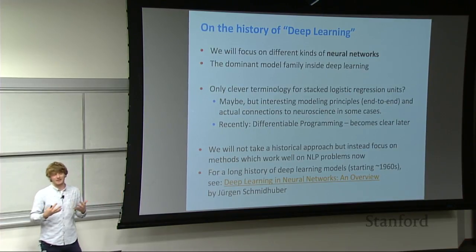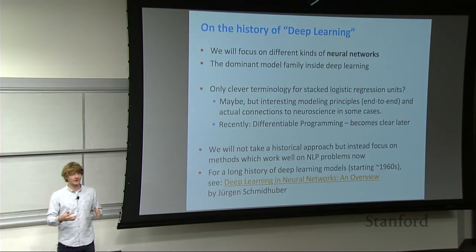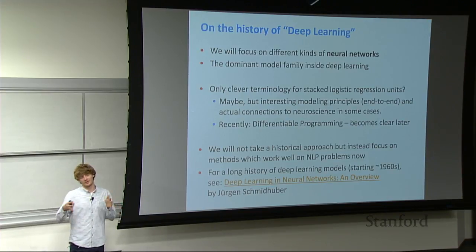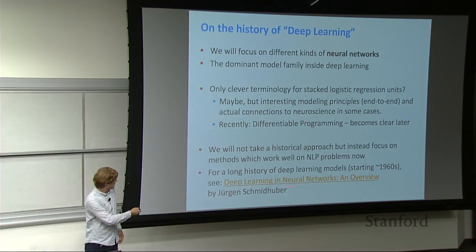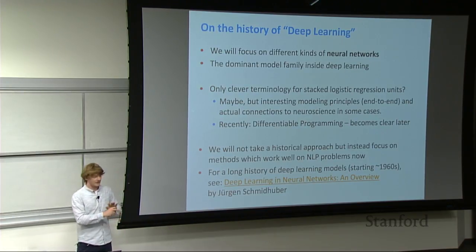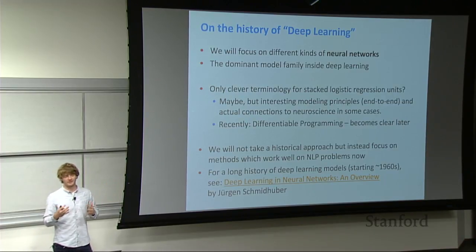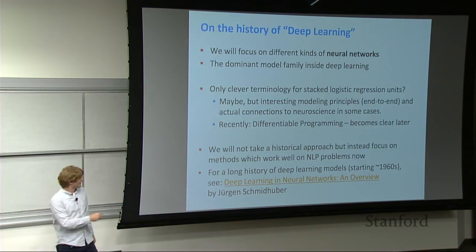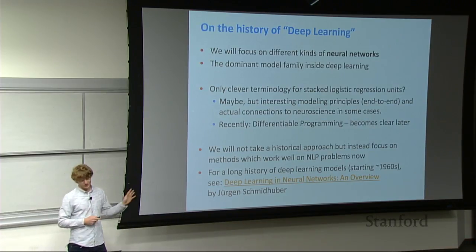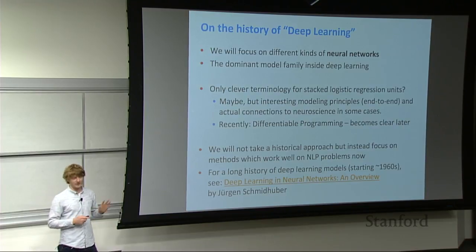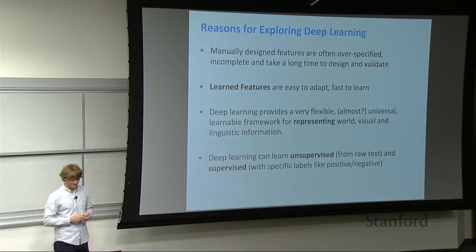It's only in the last couple of years that these techniques have started to work, and we'll focus on the things that work, and in particular work well for natural language processing. There's some really great work here by Jürgen Schmidhuber on an overview of the whole history of the field. It's a very long and very detailed overview, starting very early, before you could have even trained most of these models, or any of the ones that we're currently looking at. But that is not the approach we're going to take.